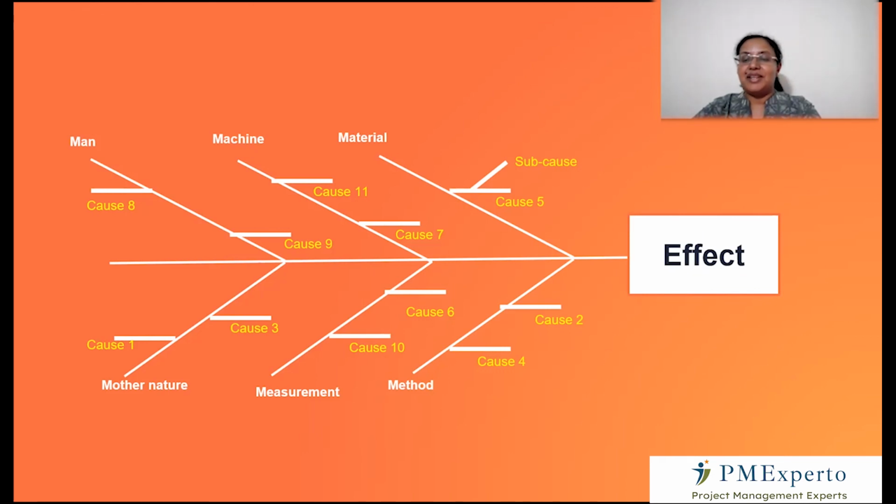So we prioritize based on those causes which are likely to occur, or the frequency of occurrence can be used in order to prioritize and identify an appropriate action plan.